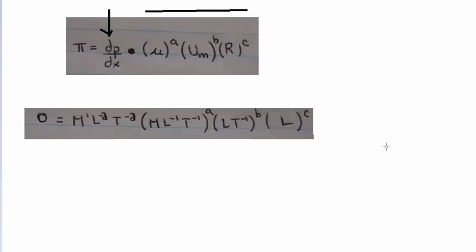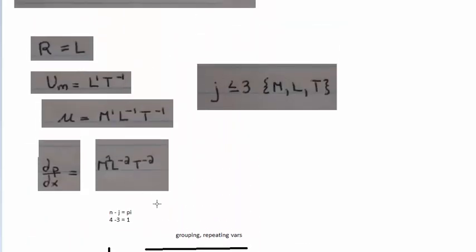These are simply the dimensional representations we came up with over here when we were listing the dimensions of each of these variables that we were interested in. Okay, and why is this 0? Because remember, a pi group is dimensionless. So it doesn't have any dimensions, so its dimension is 0.